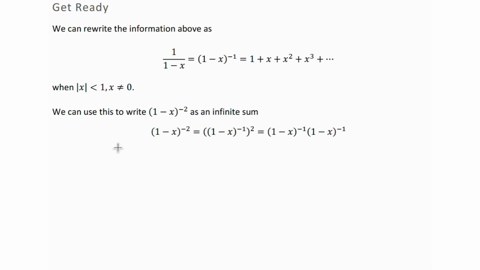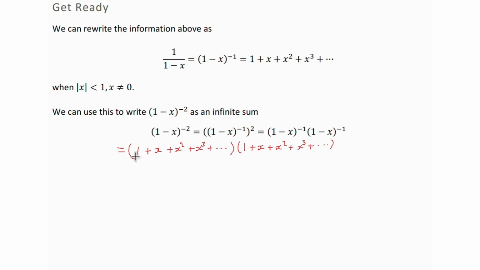So let's think about what that is. Well, (1 minus x) to the minus 1 is 1 plus x plus x squared plus x cubed, going on forever, and then multiplied by the same thing. Let's see what happens as we expand this.